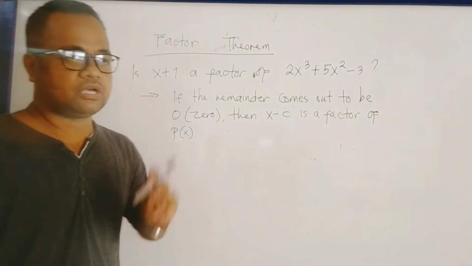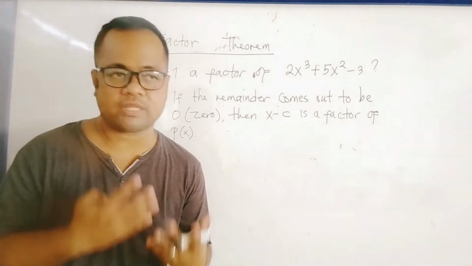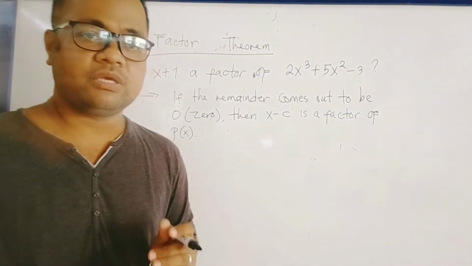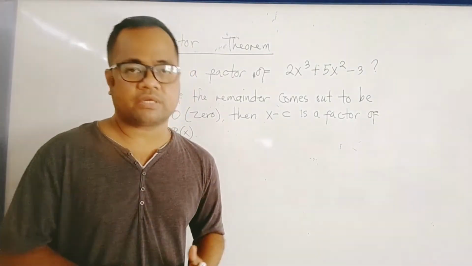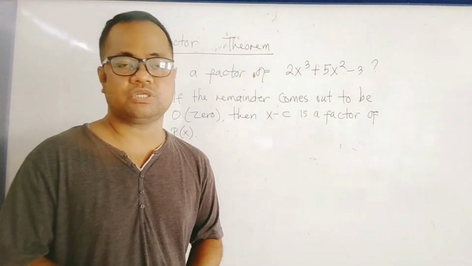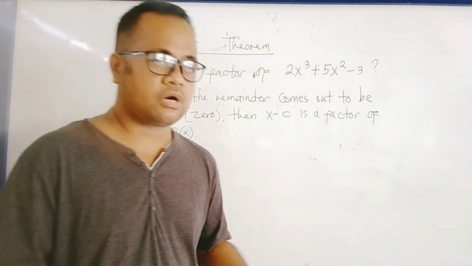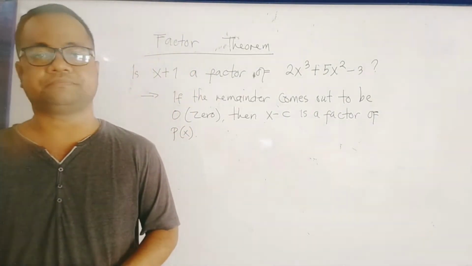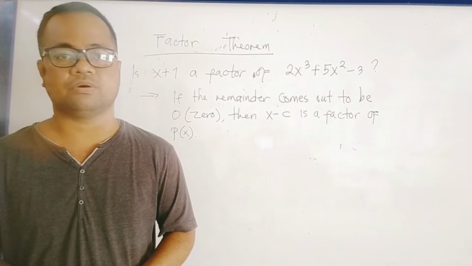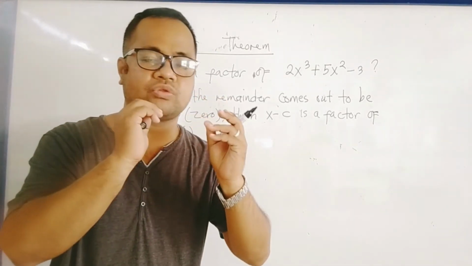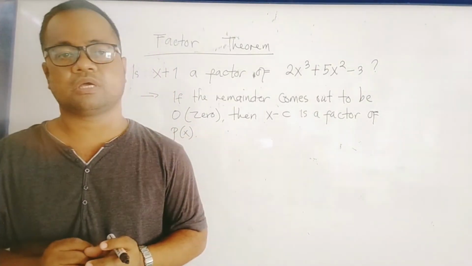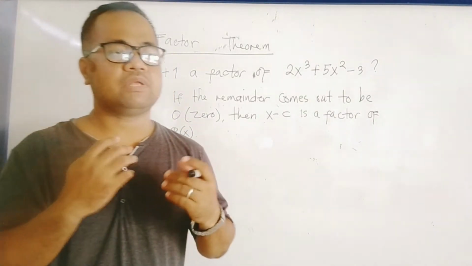Okay? So, if the remainder is 0, we already know how to get the remainder using the remainder theorem, or you already know how to divide polynomials using synthetic division or any other method. Now, the idea is we need to determine the remainder. It's up to you how you will get the remainder.